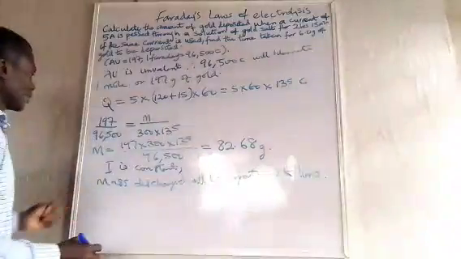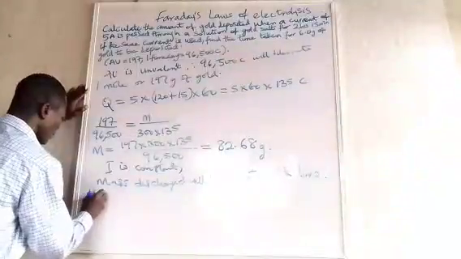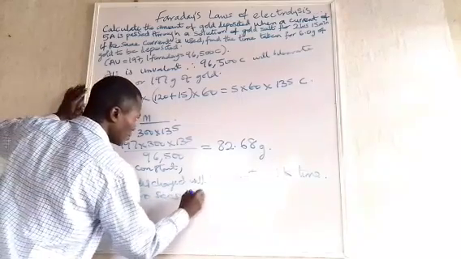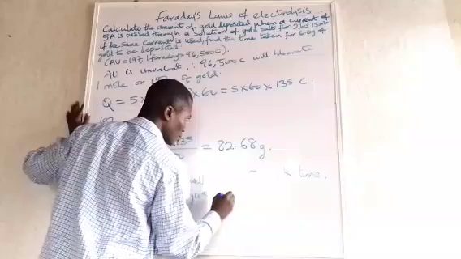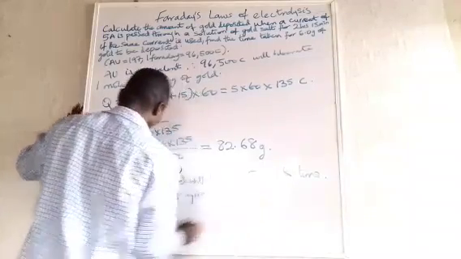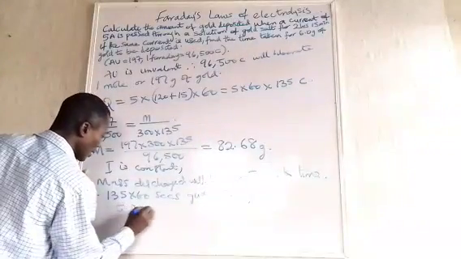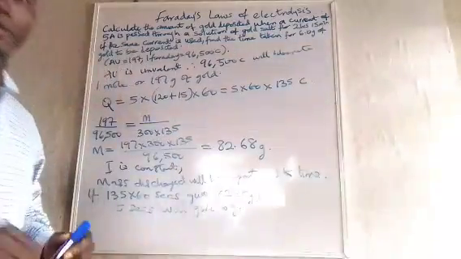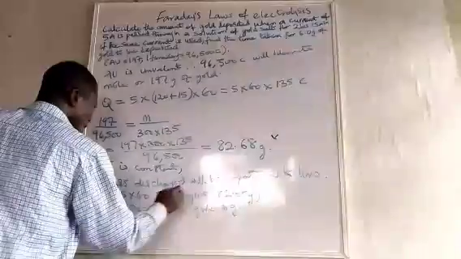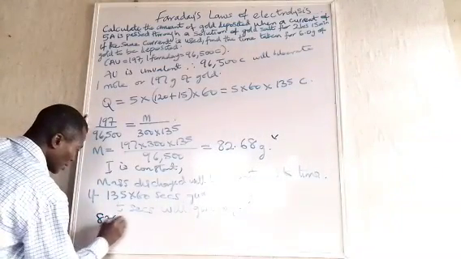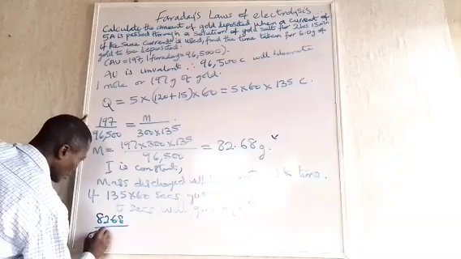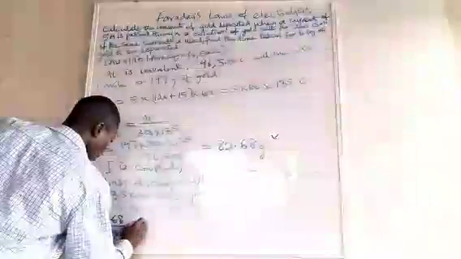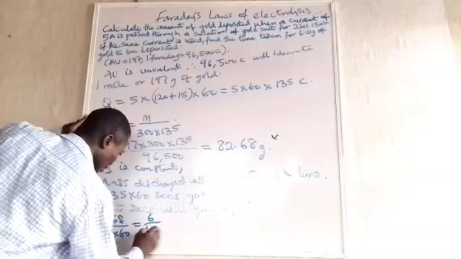So we can now say that if 135 times 60 seconds give 82.68 grams, therefore T seconds will give 6 grams. So therefore we can now say that 82.68 over 135 times 60 is equal to 6 over T seconds.